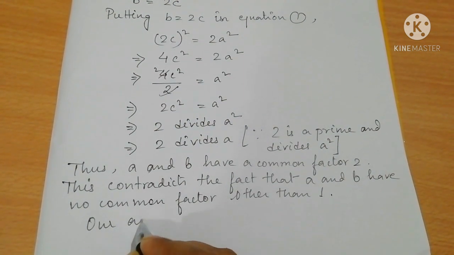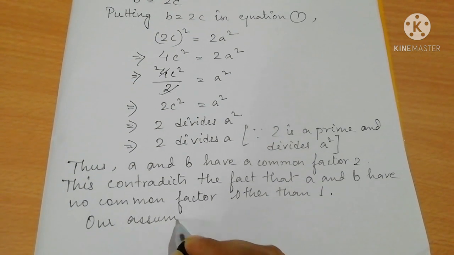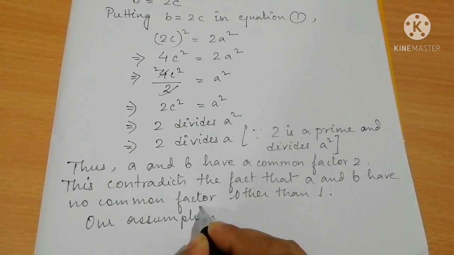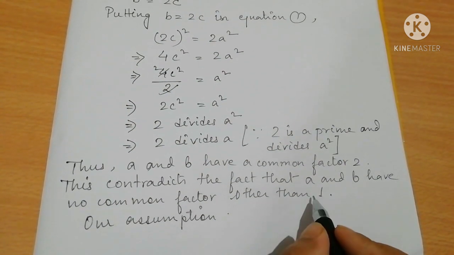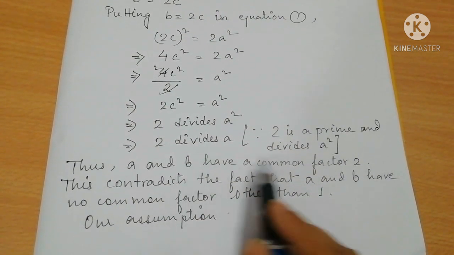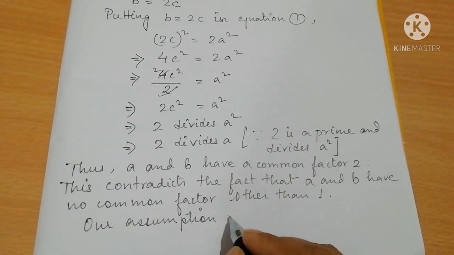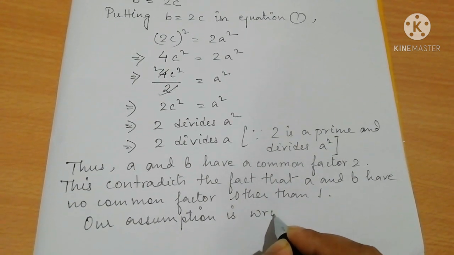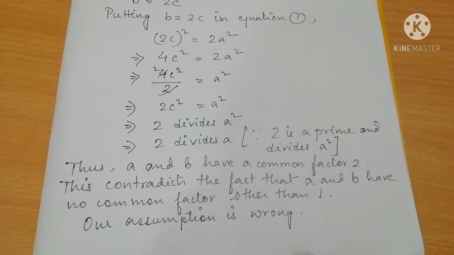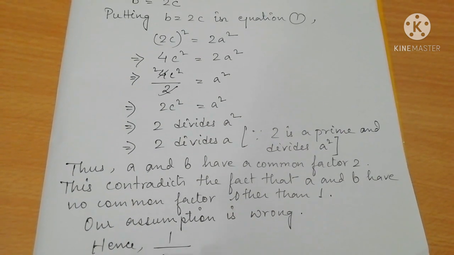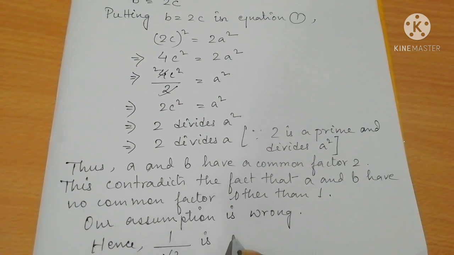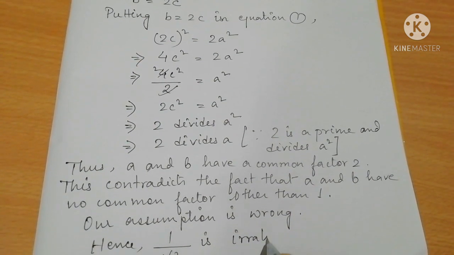So our assumption is wrong. What was the assumption? That it should be a rational number. If it is a rational number, it should have a common factor of 1. But we got common factor 2. So our assumption is wrong. Hence 1 by root 2 is irrational.